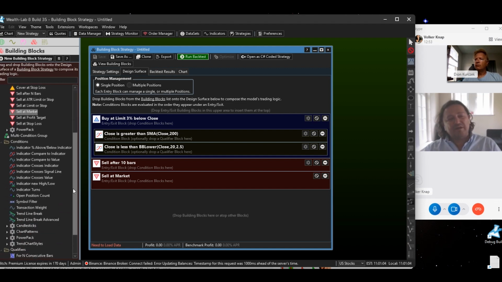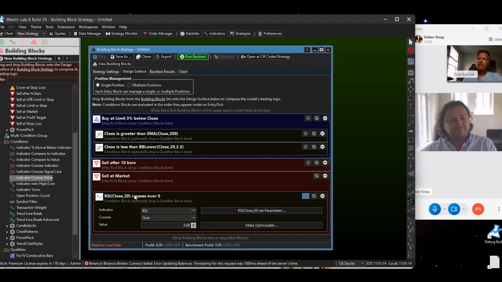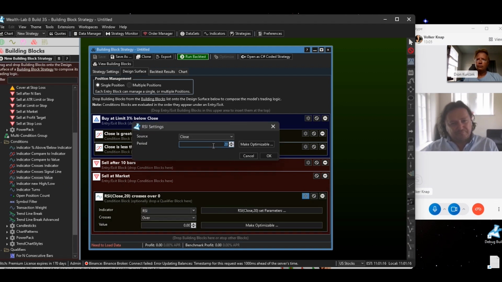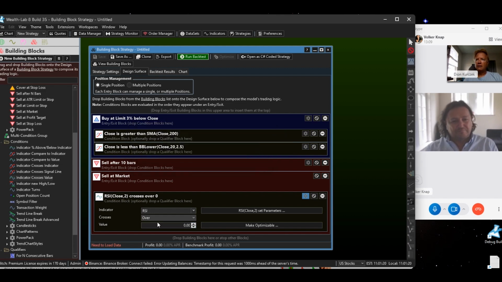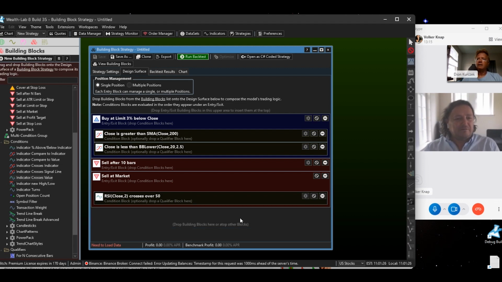The 2-day RSI has to cross above 50. So indicator crosses value. So the RSI 2, very short-term RSI, crosses above what? 50. Okay, so there we have it.